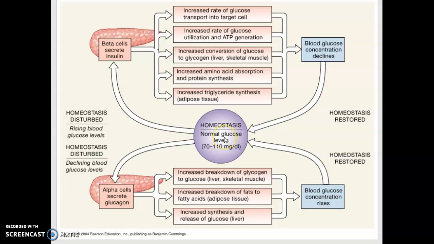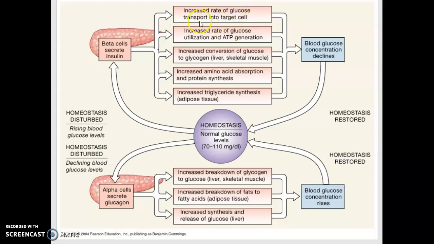As we were mentioning at the end of the last video, when we have rising glucose levels, in other words, we're starting to get to the upper levels of this and beyond, then our pancreatic islet cells, the beta cells in particular, are monitoring that, and they're going to increase the rate that the target cells are able to take glucose into them.